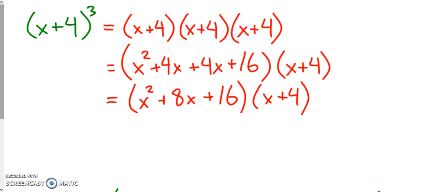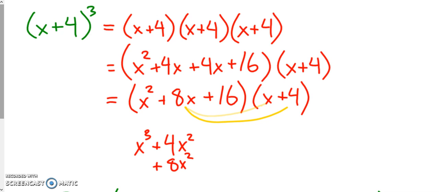If you wanted to do this with your little box, you could, or you can just FOIL it out. x squared times x and x squared times 4. So that would be x cubed plus 4x squared. And you'd have 8x times x and 8x times 4. So that would be plus 8x squared and then plus 32x.